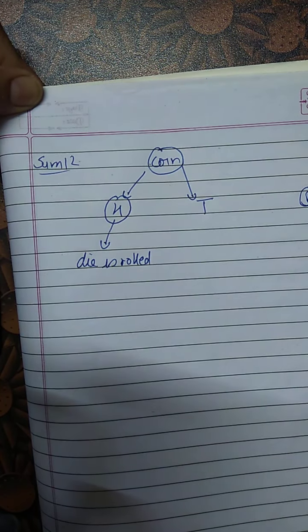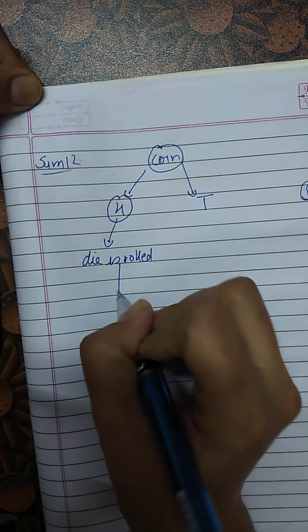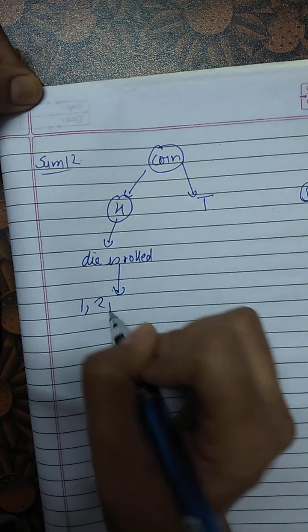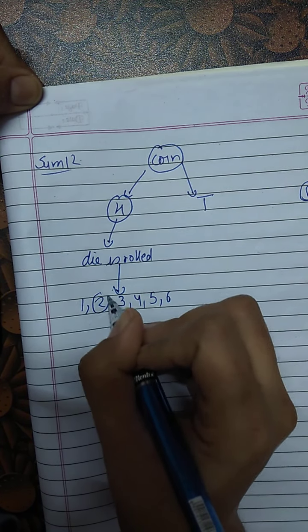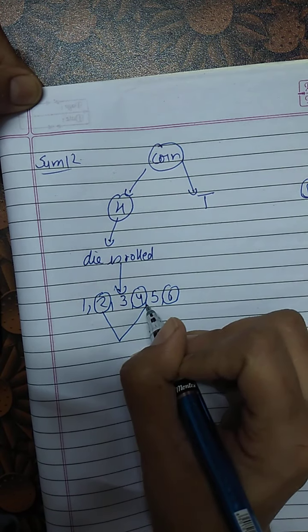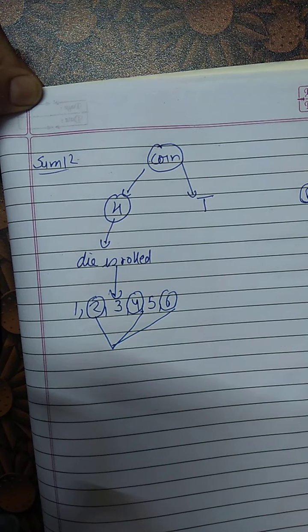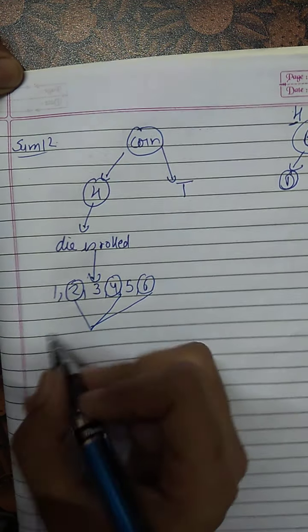Next condition: if the die shows an even number, a die is thrown again. So here 1, 2, 3, 4, 5 or 6 can come. If 2 is coming or 4 or 6, that means whenever any of these 3 even numbers is coming, we are rolling the die again.